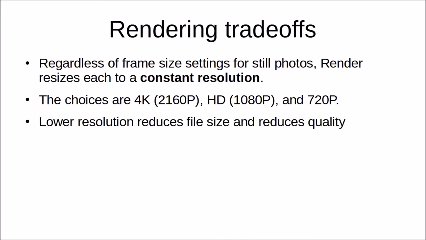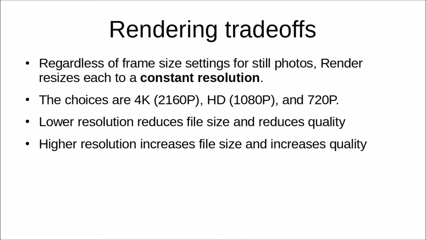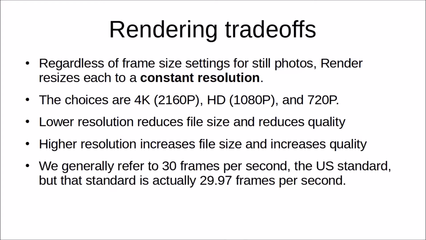Lower resolution reduces the file size and reduces the image quality. Not such a big deal when you're working with text, like my pre-meeting slideshow, but it can have an effect when you're dealing with highly detailed photographic images or highly detailed video images. Higher resolution necessarily increases the file size and increases the quality.